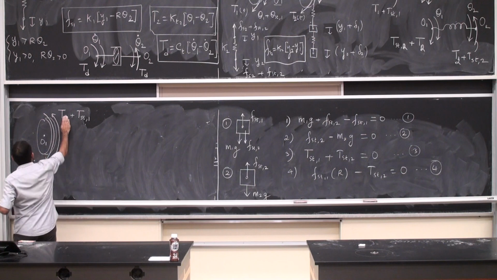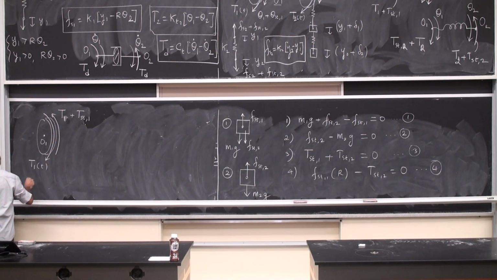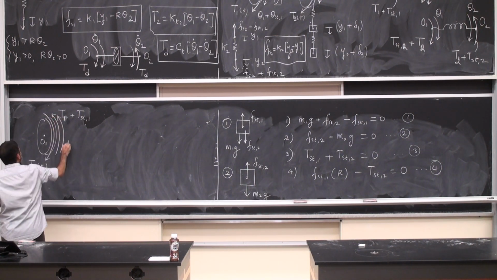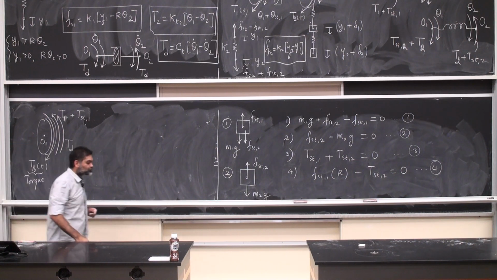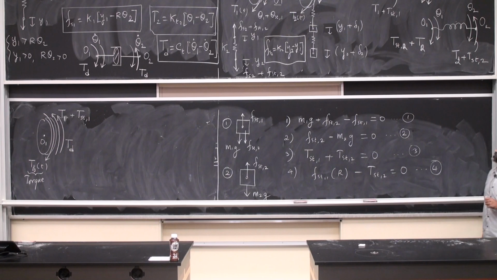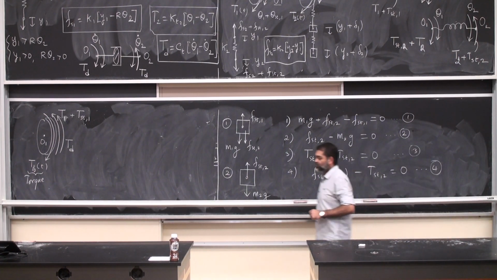I'll just keep it T1. It's too late to change it up there, okay? So this is the situation here. Then TD, that's the torque from the damping element. And that's about all I have for the first inertial element, and draw its kinetic diagram as well.